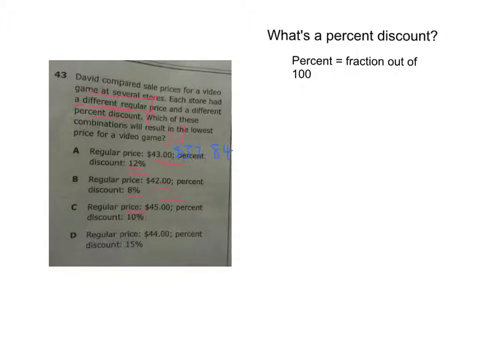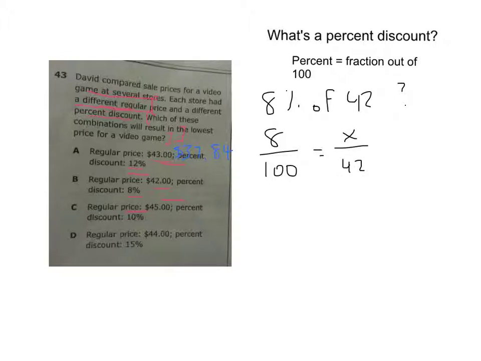So choice B has an 8% discount on a $42 regular price. So 8% of 42. Remember, that's 8/100ths equals what over 42.